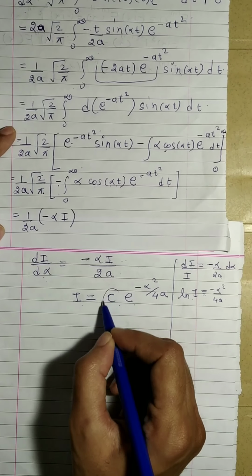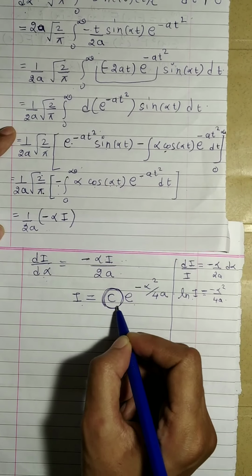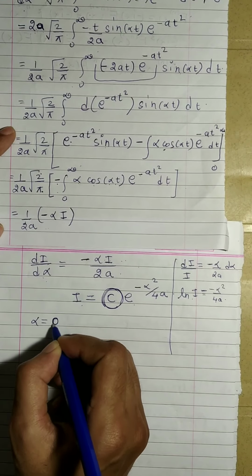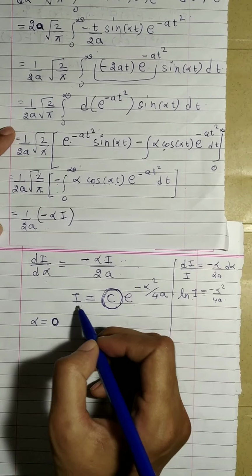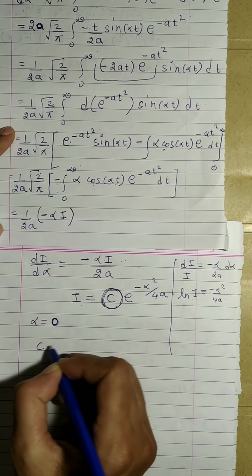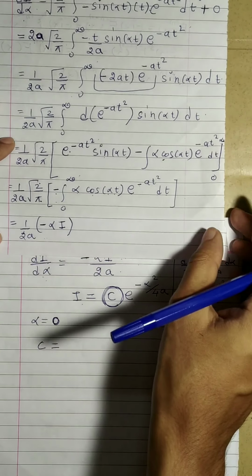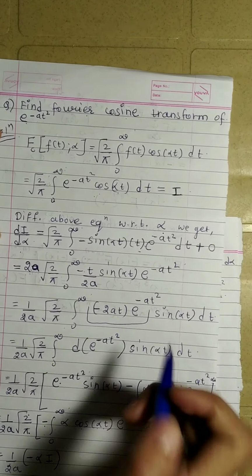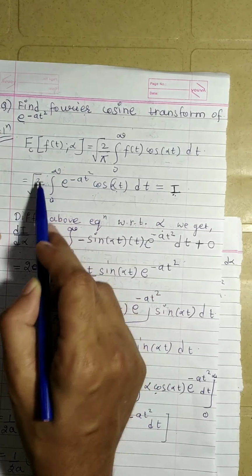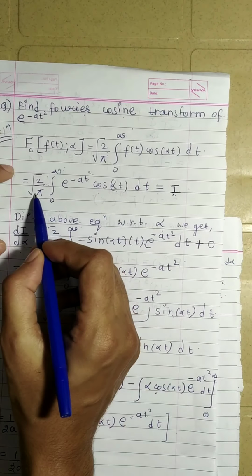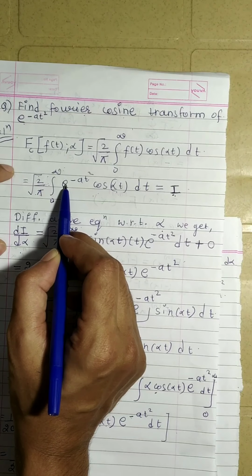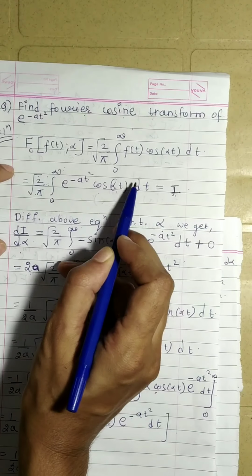Now we will have to find the value of this c. If we take alpha equal to 0, what will happen? C is equal to, in I, if we put alpha equal to 0, we get root of 2 by pi integral from 0 to infinity e raised to minus a t square dt.